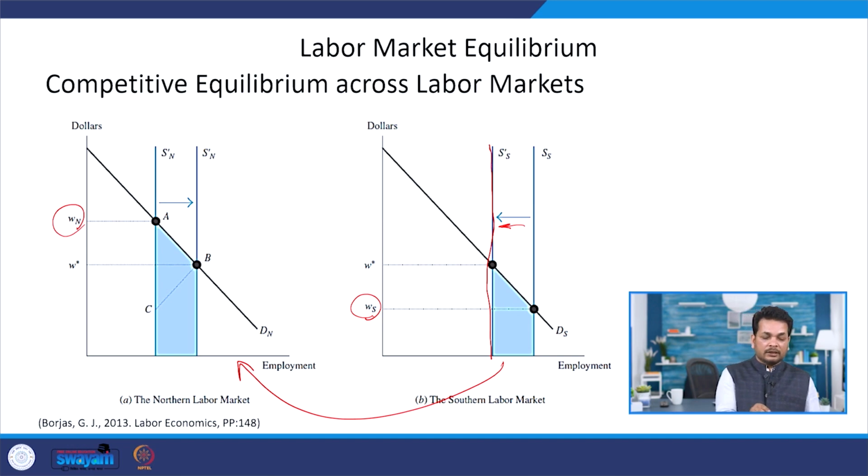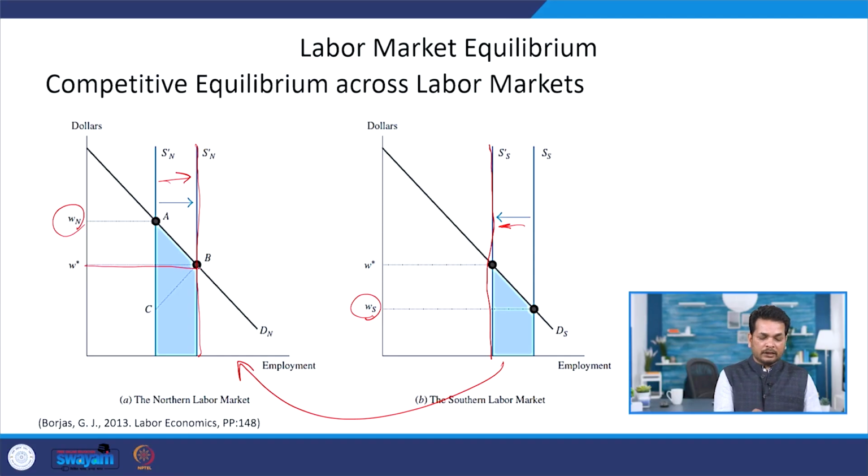Now, as a result, the labor supply in the south market will shift to S dash n. So, the wages across two labor markets get equalized, and the movement will happen until one wage rate prevails in both these markets.